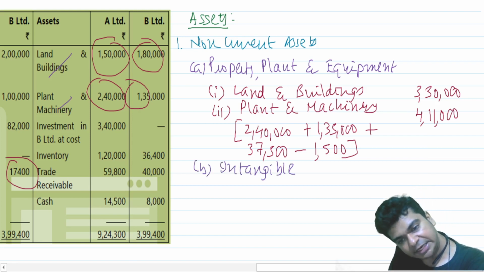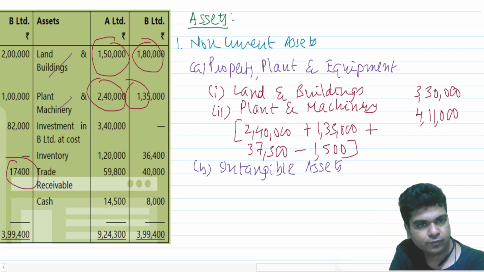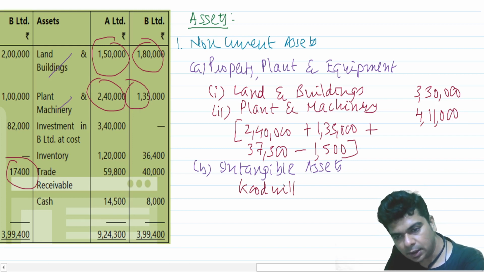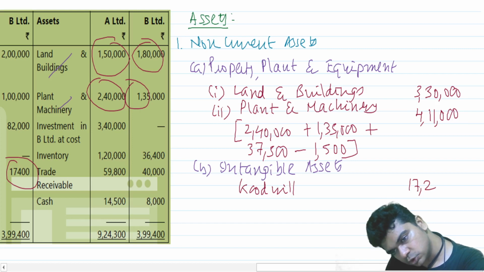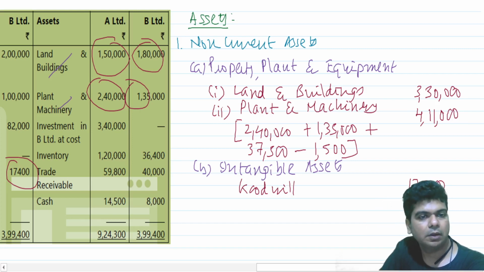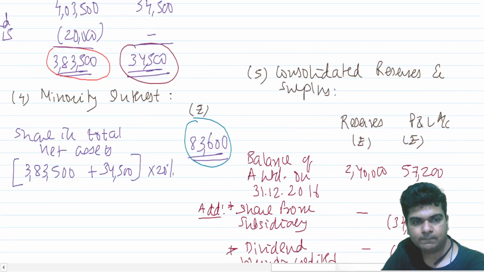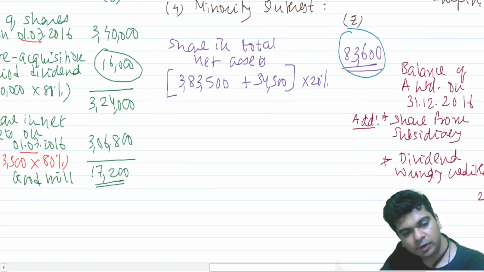Time to show the intangible assets. Under that, I'll show goodwill. I believe it is 17,200. Check the working, the cost of control working. Here it is.